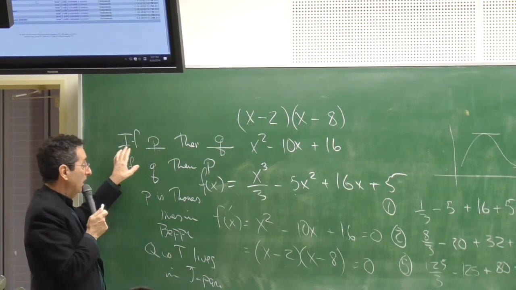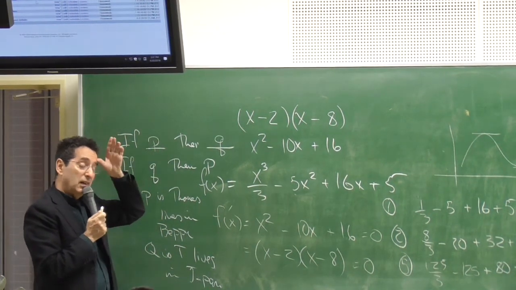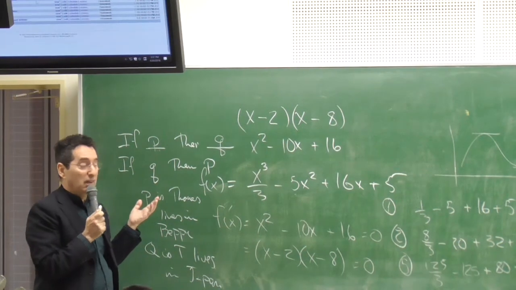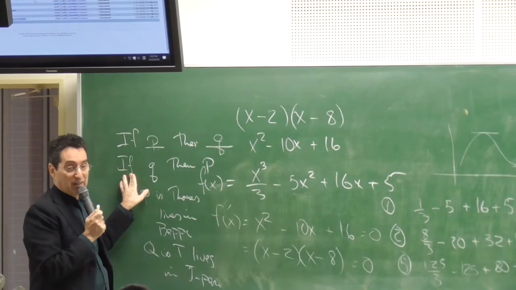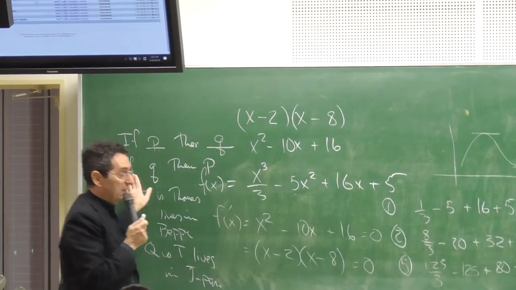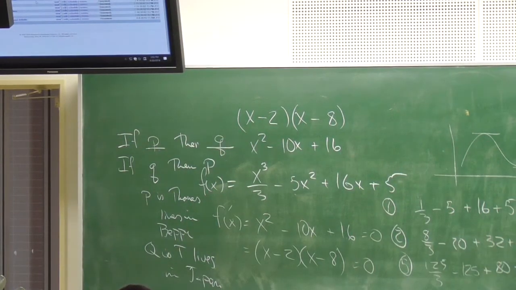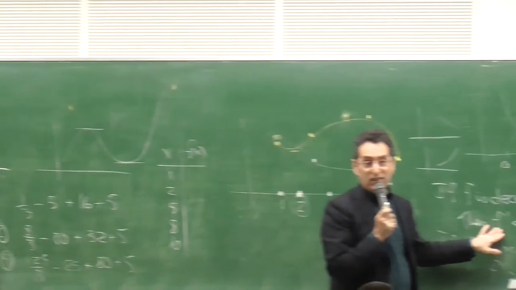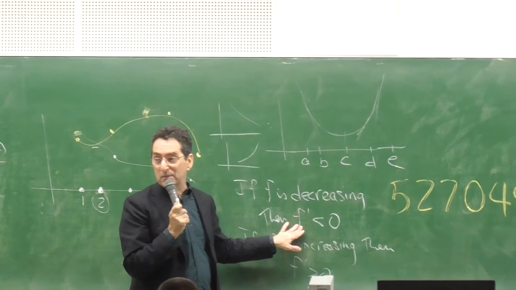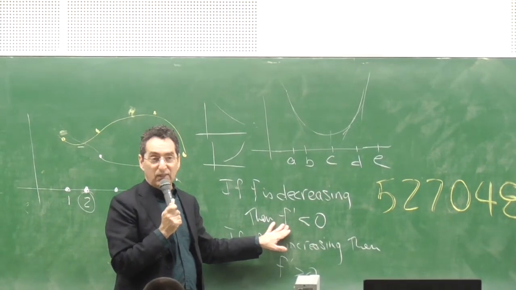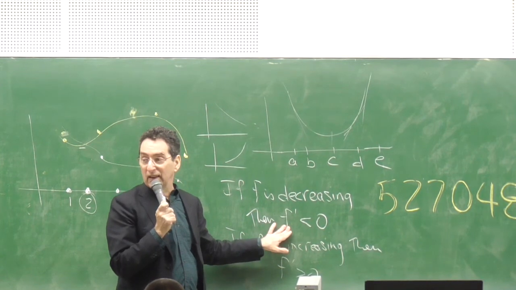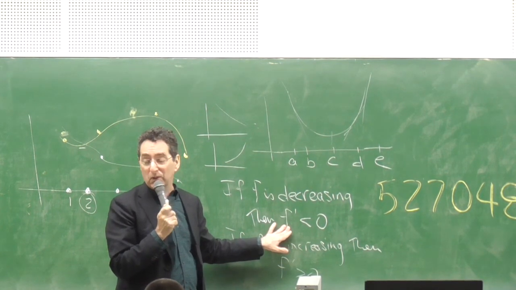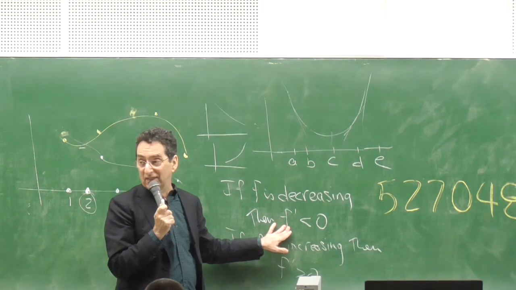When you have an if P then Q, suppose you can prove that that's true, that doesn't mean that you proved if Q then P. That's a separate statement. The same thing here. We said if f is decreasing, then f prime is negative. That's not the same statement as if f prime is negative, then f is decreasing. But actually they're both true in this case.